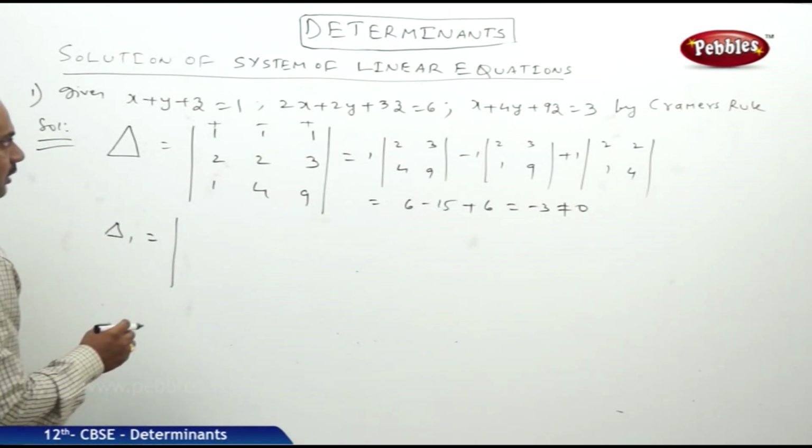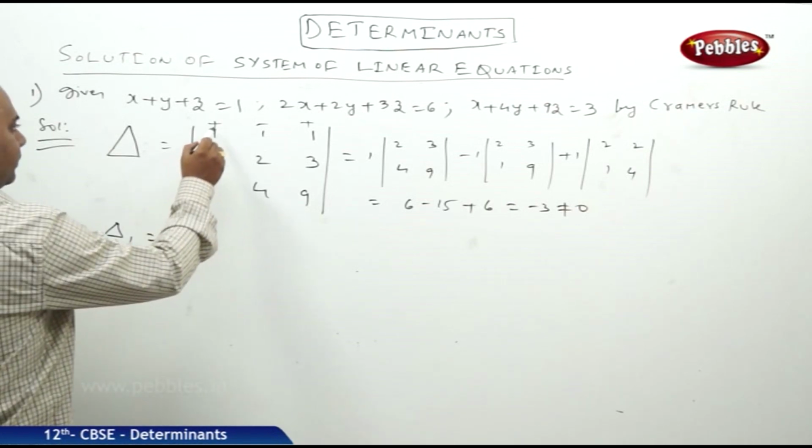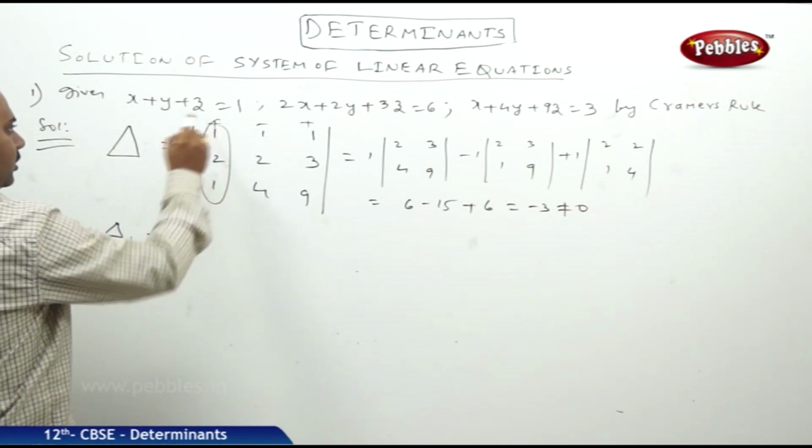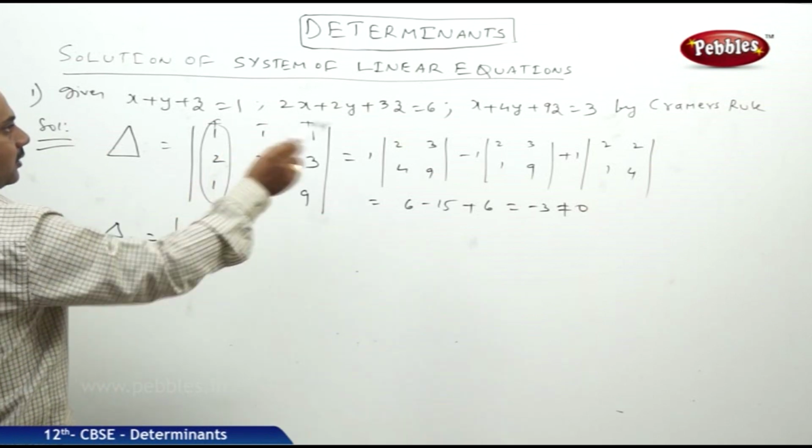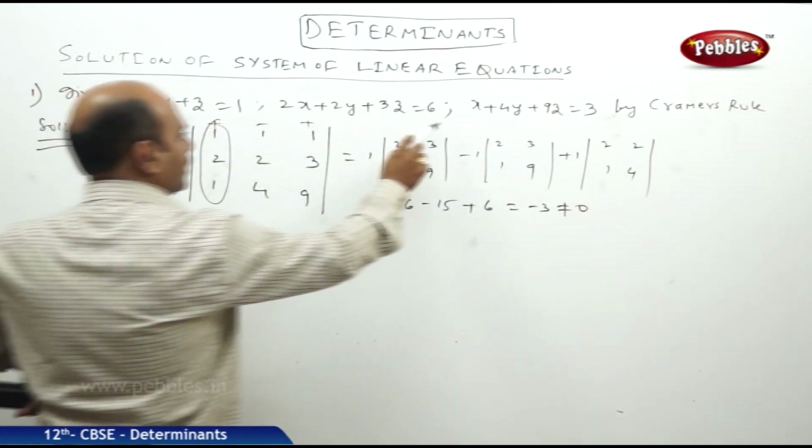Now I need to find delta 1. To find delta 1, we replace the first column by 1, 6, 3.